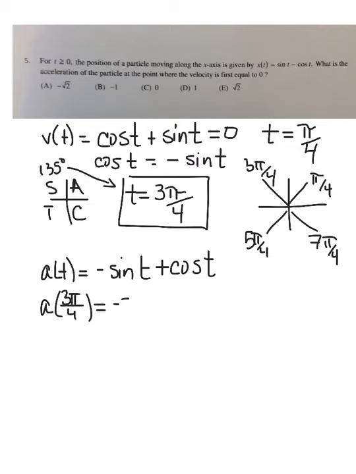So we want negative sine of 3 pi over 4 plus cosine of 3 pi over 4. Okay, so negative. Now, the sine of 3 pi over 4, well, please, you need to remember again, what is 3 pi over 4?